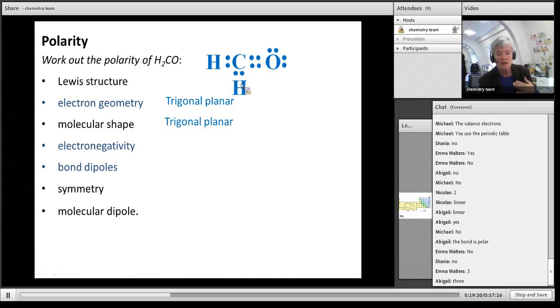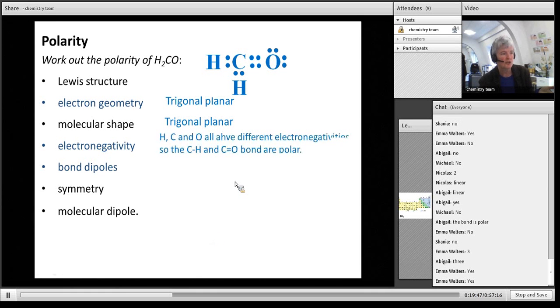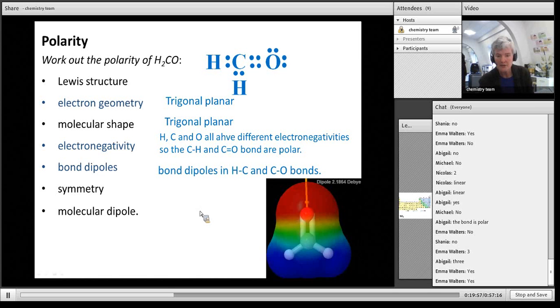Okay, different atoms or different elements. So is there going to be a difference in electronegativity? Yes. And so will there be bond dipoles? Yes. So spell it all out. Oh, I can't spell have. That's H, C, N, O all have different electronegativities. So spell out that those bonds are polar, and so spell out that there are bond dipoles.